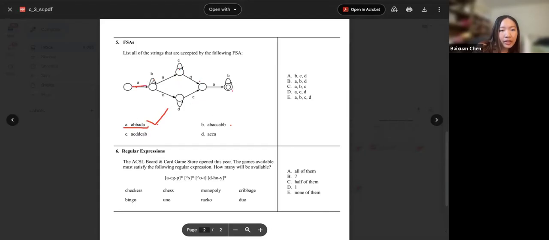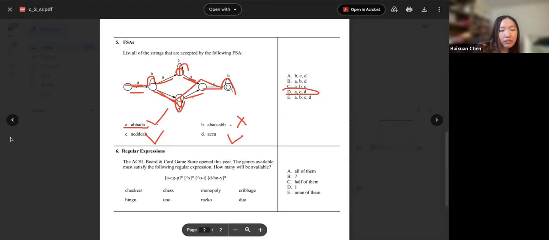Next, it goes through B once, and then it has to go this way because of A and C, but then it has an A, which it can't go anywhere, so this one doesn't work. And then we have C, D, D, C, A, B. So this one does work. And we have A, C, C, A for this one, so it does work. So then it'll be A, C, D.